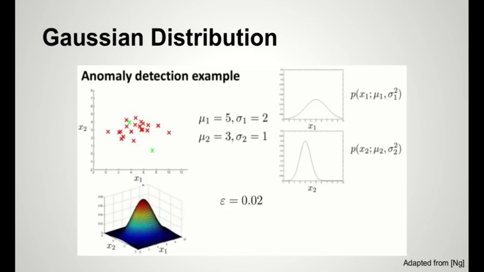We multiply those probabilities, and we will have a value of 0.04, which is much higher than our epsilon, so we would flag it as a normal value.